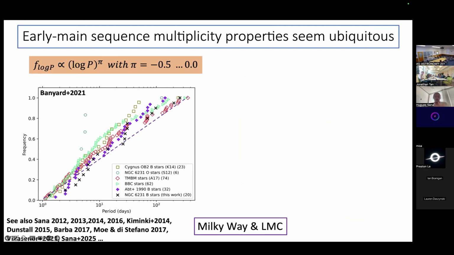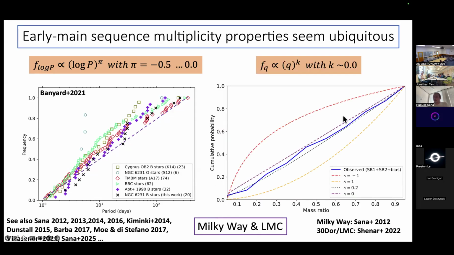And if you do a full analysis, you can always find a period distribution with an index that is close to zero, and this zero value means a flat period distribution. We've done that for the period. We've also done that for the mass ratio.